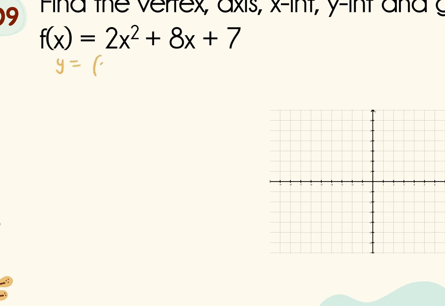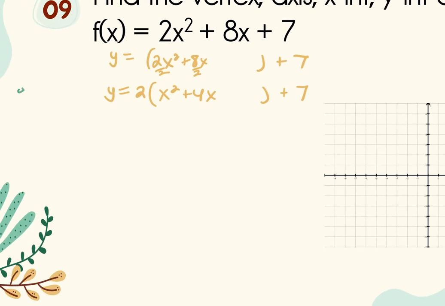y equals, group together the 2x squared plus 8x, plus 7 goes on the outside. Then I'm going to take out the 2. I'm dividing this and this by 2, which means it's x squared plus 4x. Now I'm going to take that middle term, which is 4. 4 divided by 2 squared would be 2 squared, which is 4.